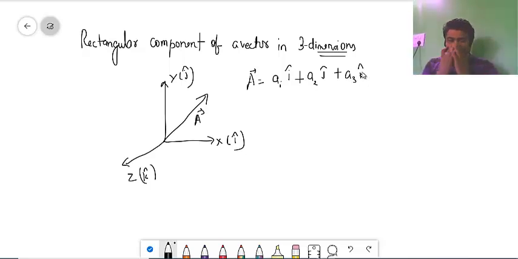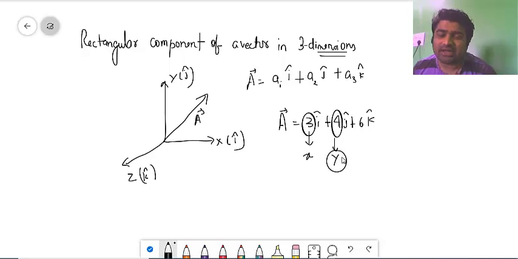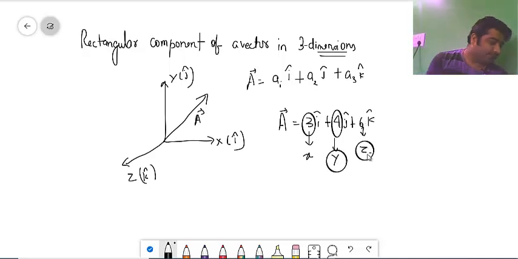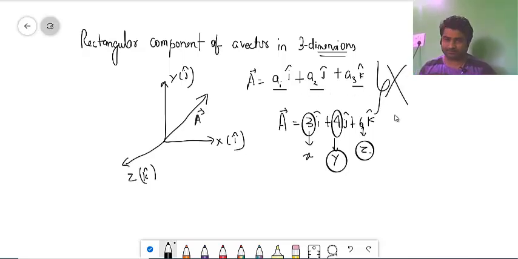During the live class, I showed you this one. There was one example where we took A vector equals 3I plus 4J plus 6K. This component is along x axis, this is along y axis, and this is along z axis. So whatever vector they give you, you can write it in this form, A1 I cap, A2 J cap, A3 K cap. Physically it has no significance.